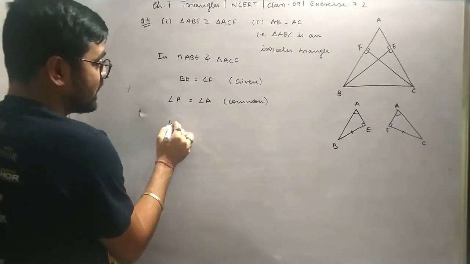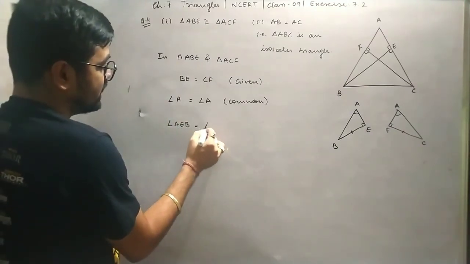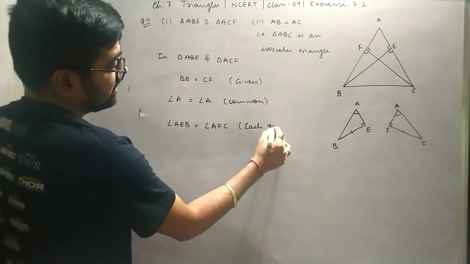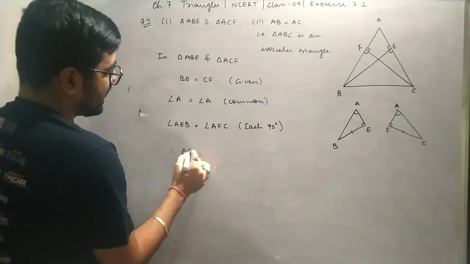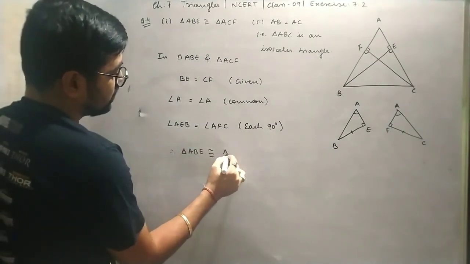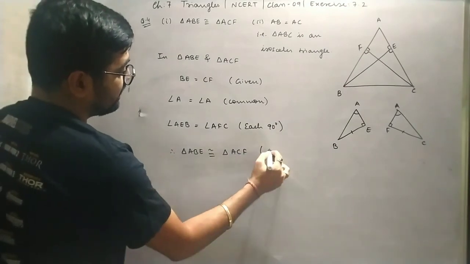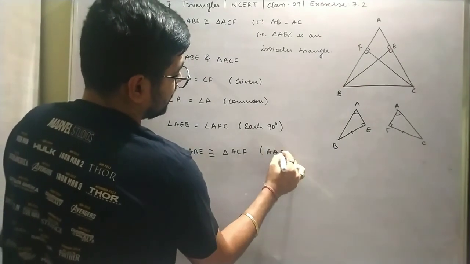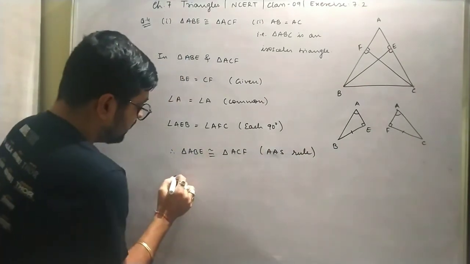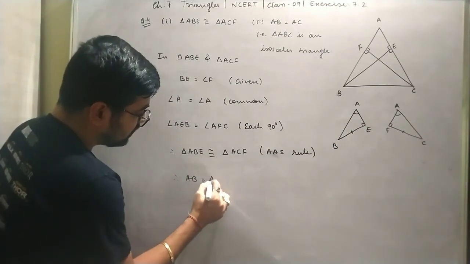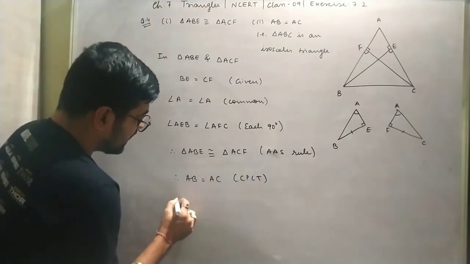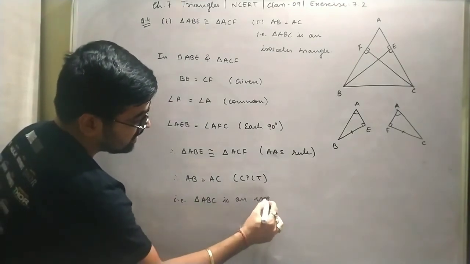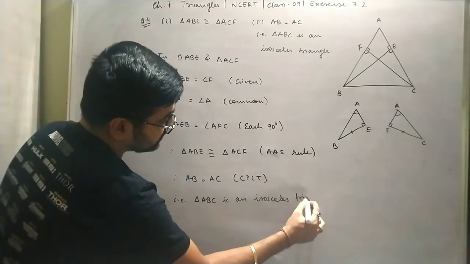And third is angle AEB is equal to angle AFC, each 90 degrees, and therefore triangle ABE is congruent to triangle ACF by which criteria did we prove this? Angle side rule. And therefore AB equals AC by CPCT, that is, triangle ABC is an isosceles triangle.